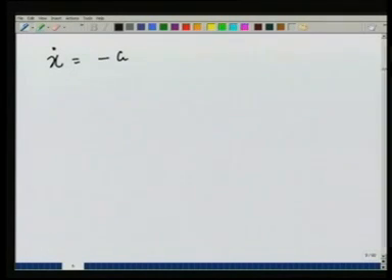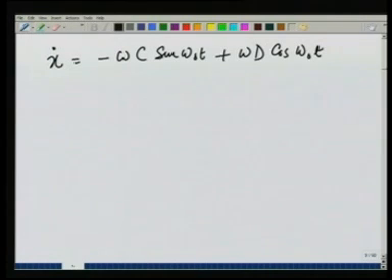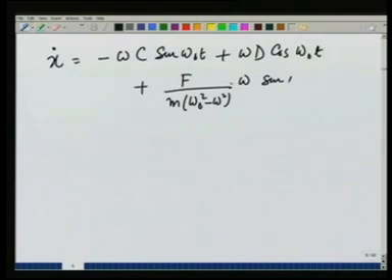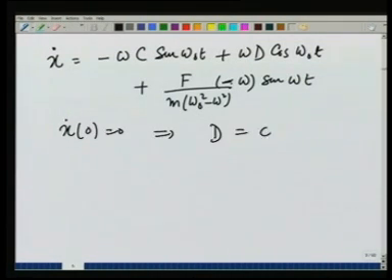Similarly, when I take its derivative x dot, it will give me minus omega 0 c sine omega 0 t plus omega 0 d cosine of omega 0 t plus F over m times omega 0 square minus omega square times omega sine omega t with a minus sign here. And since I know x dot at 0 is 0, it gives me d is equal to 0.